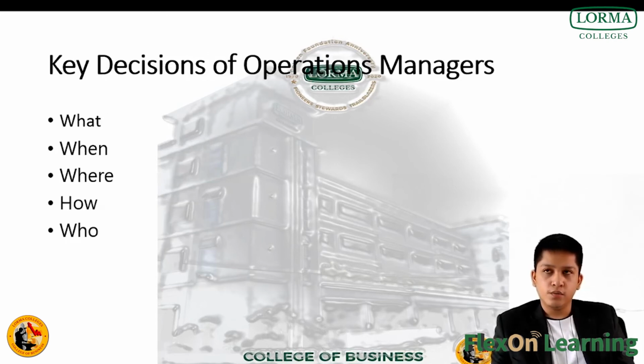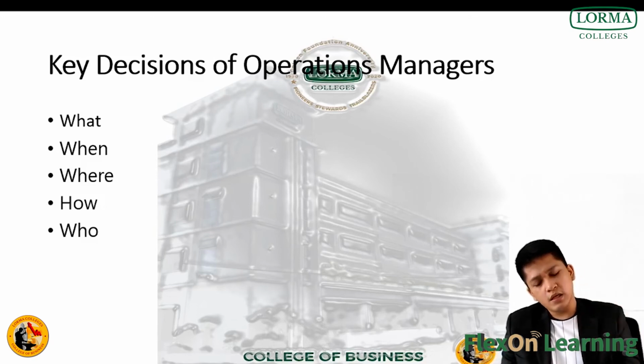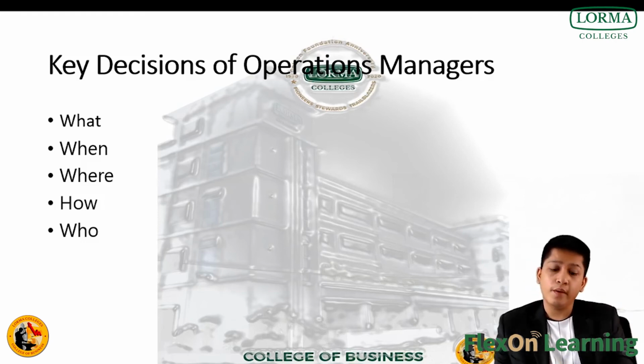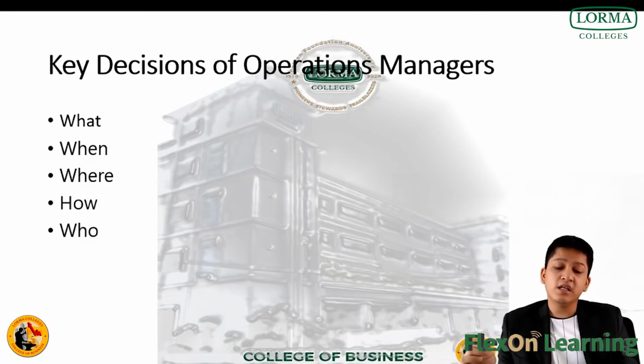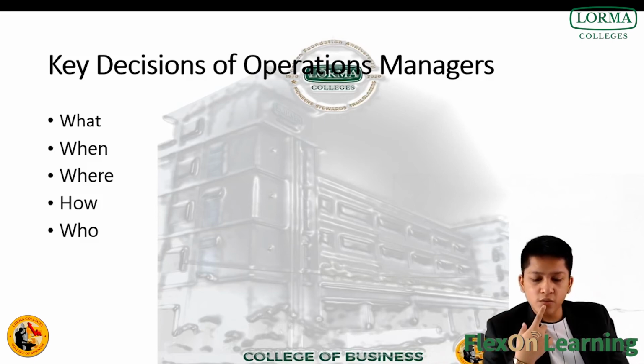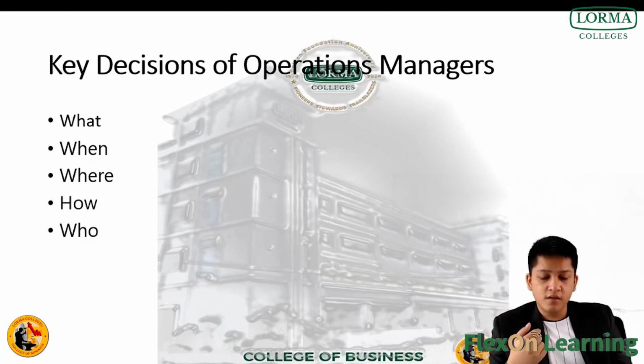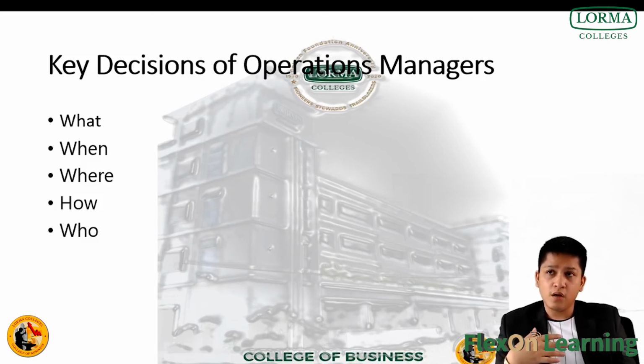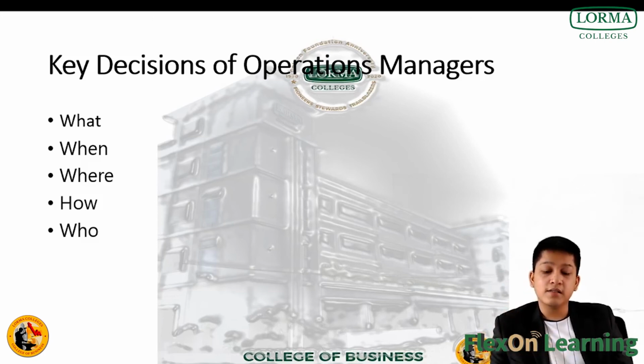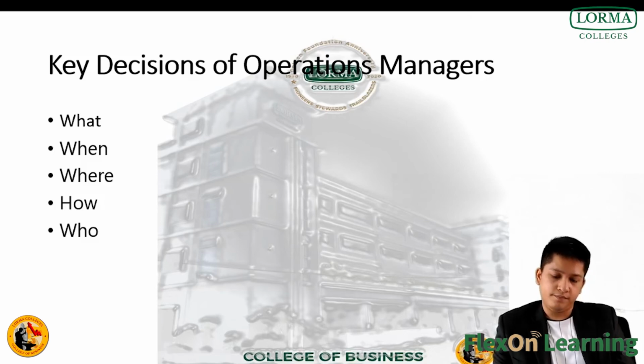So we also have the key decisions of an operations manager. Okay, the questions are what? What resources, what amount? When is it needed, scheduled, ordered? Where is the work to be done? How is it designed? And lastly, who will do the work?